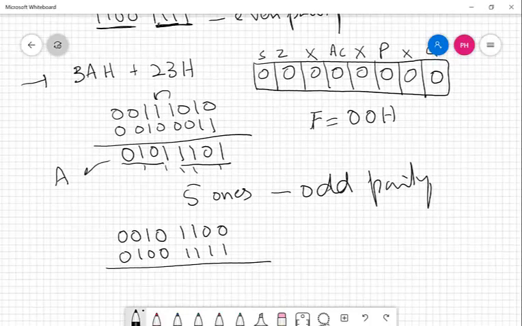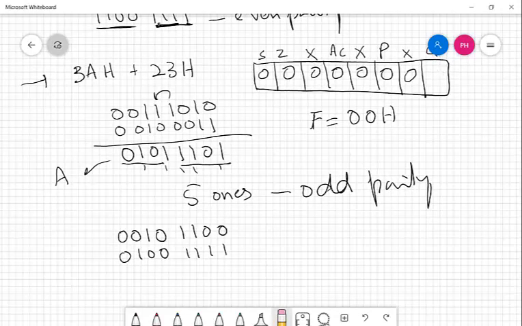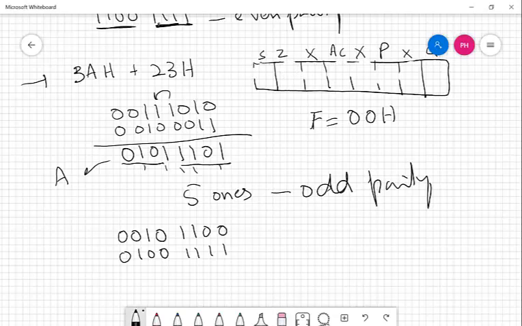Again I will see what will be the contents of my flag register after this operation. 1 1 1 1 1 0 1 1 1. Oh, there's a carry from D3 to D4, so the auxiliary bit will be set.